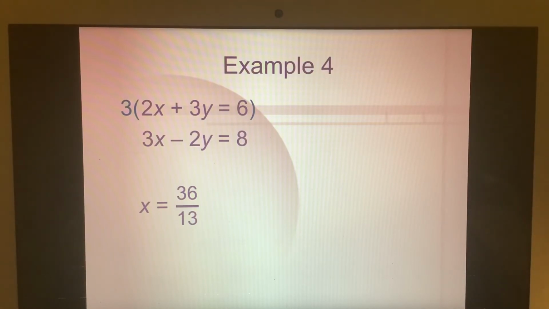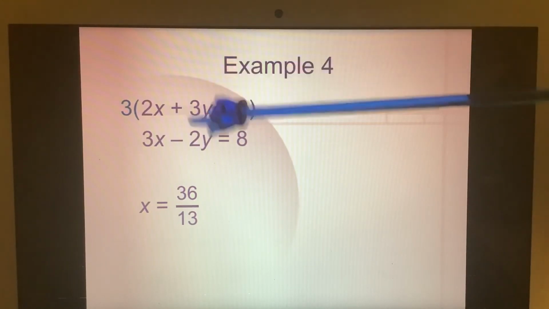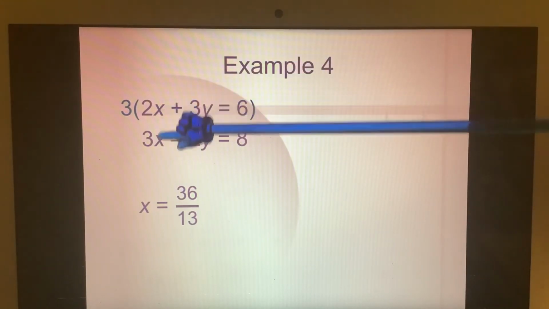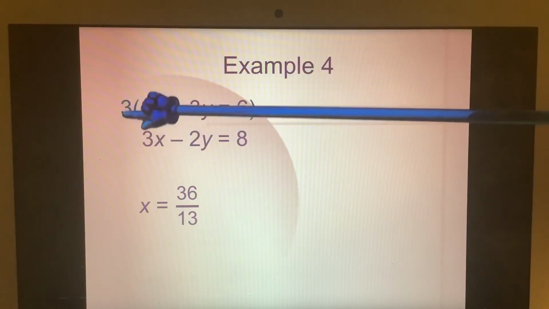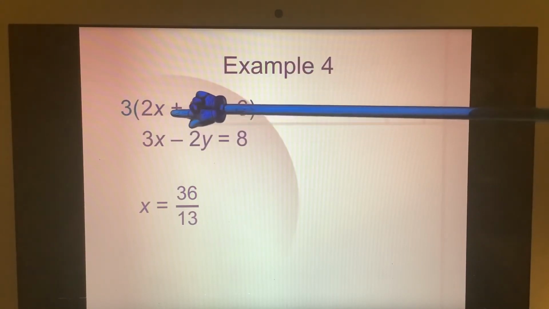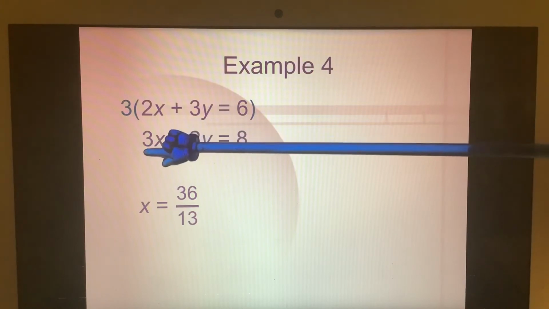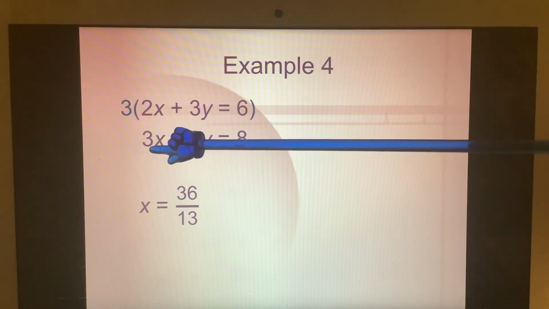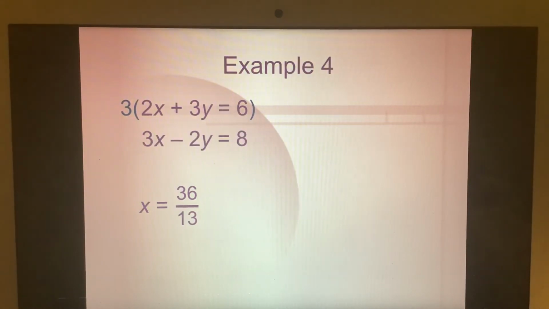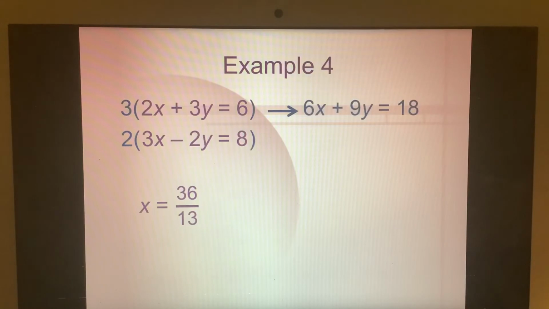Now, instead of plugging that back into x, we're going to go back to the beginning, to the two equations again, and I'm going to multiply now so that I can eliminate my x's. So 3 times 2, now what can I multiply this by to give me the opposite? I'm going to multiply by 2, okay?